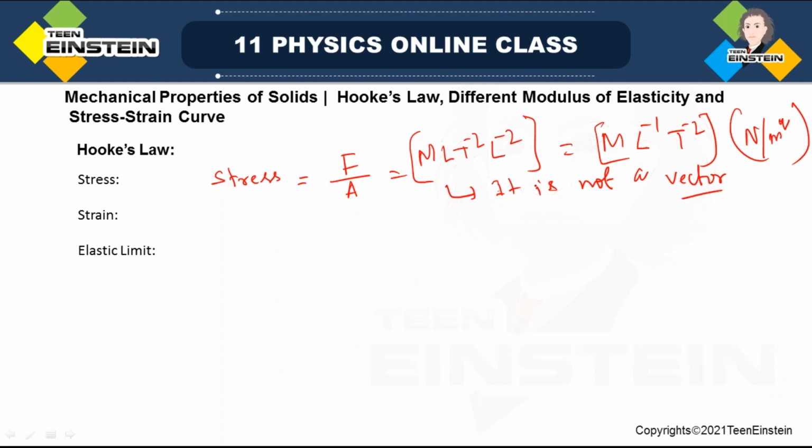Stress is not a vector quantity because we cannot define the direction of stress in a particular direction. That's why stress is not a vector quantity. Okay, all right. So we have just recapped stress.